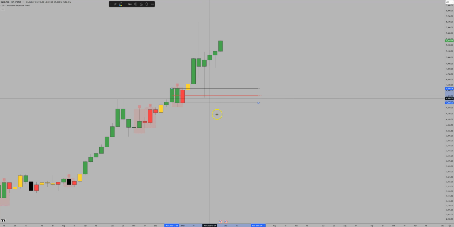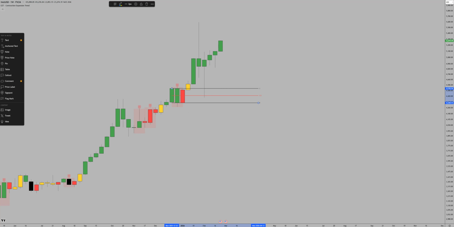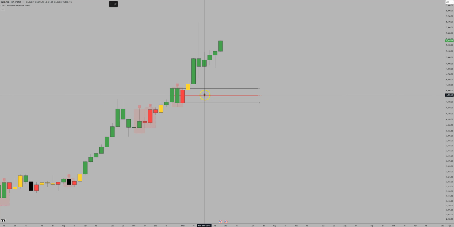Okay, so let us put a circle on this one. Because when you understand this type of price action, you will also have a better understanding that gold is not that scary or dangerous that you, or many people, think it is.